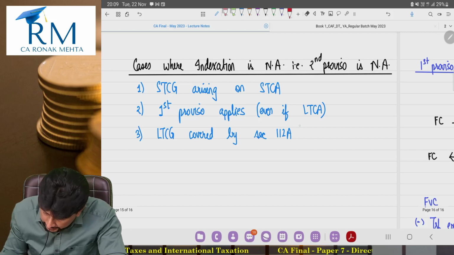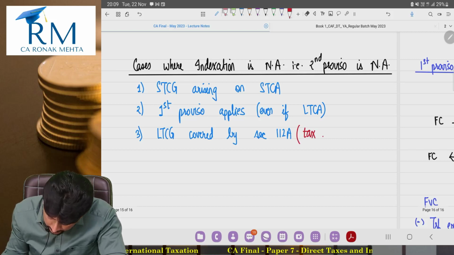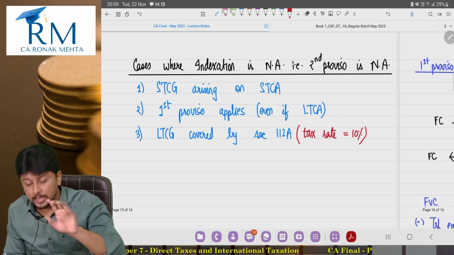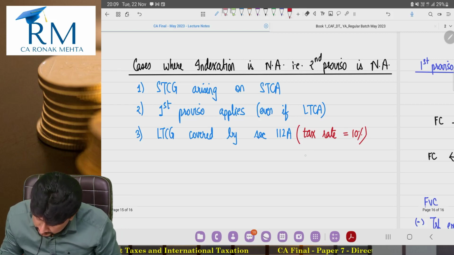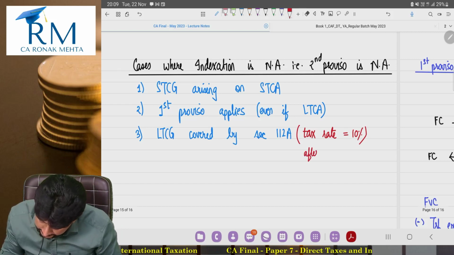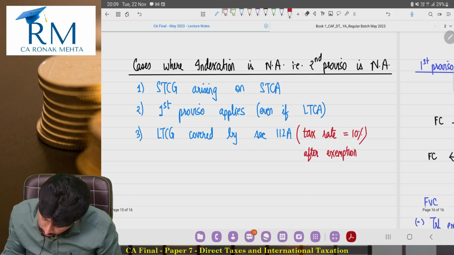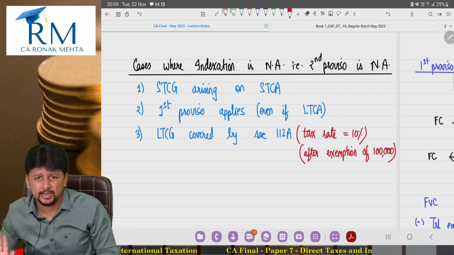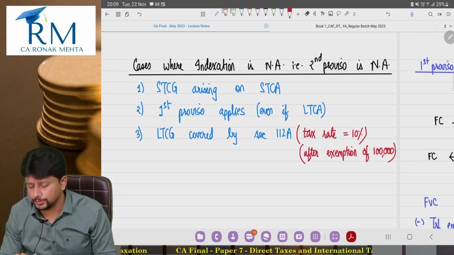Now here I will write down 112A. So what is the tax rate? 10%. By the way, 112A also says 10% tax rate after giving an exemption of 1 lakh. That 1 lakh is not relevant today but then it's part of the section, so I'm just writing it. 1 lakh right now is not the point of discussion.